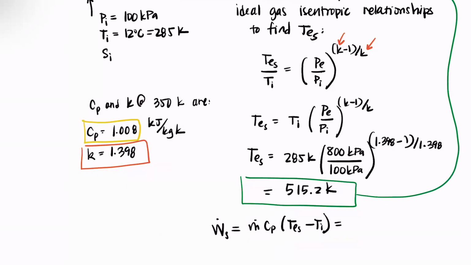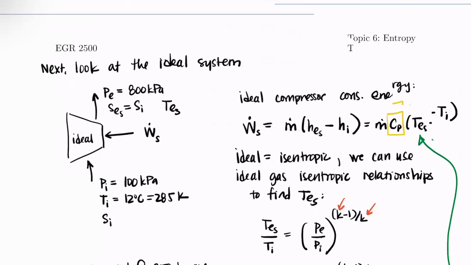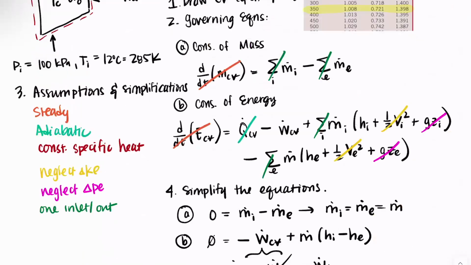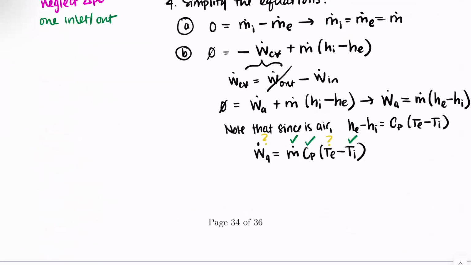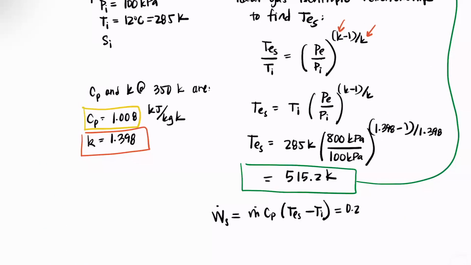So we have, I think it was 0.2, is that right? 0.2 kilograms per second times CP, which is 1.008 kilojoules per kilogram Kelvin.